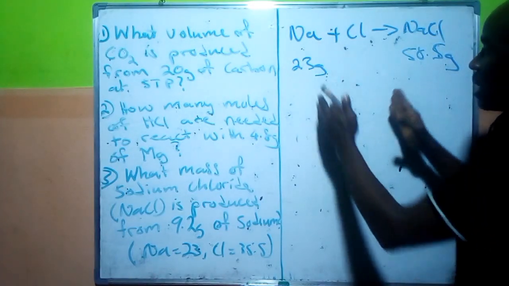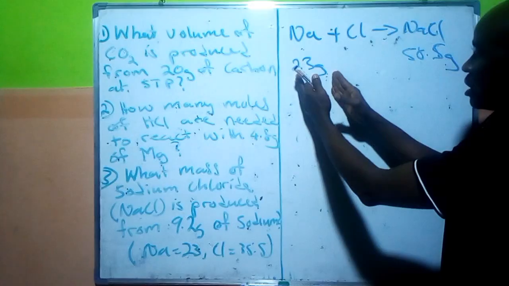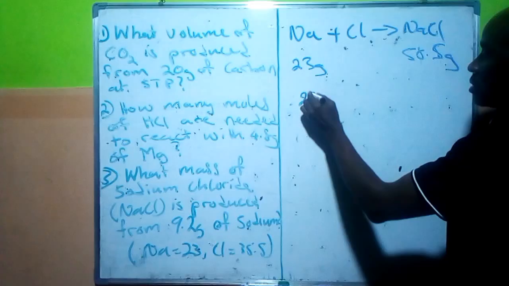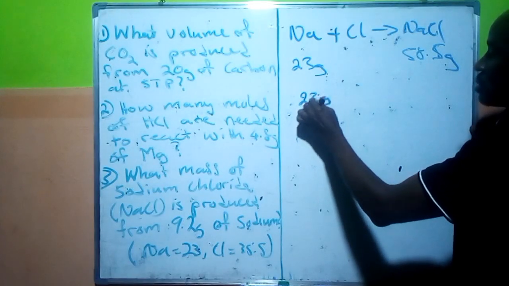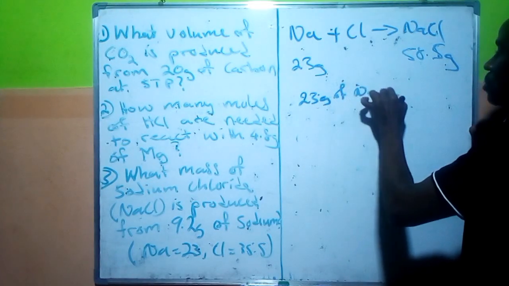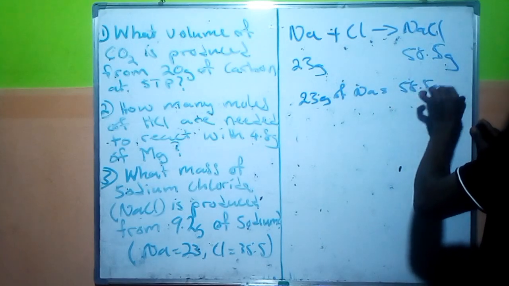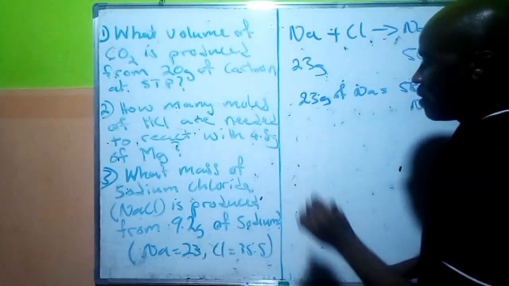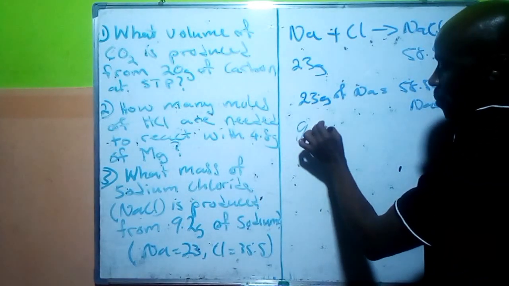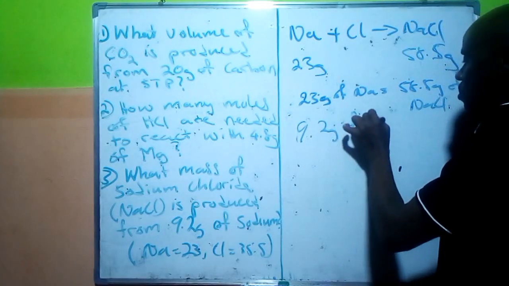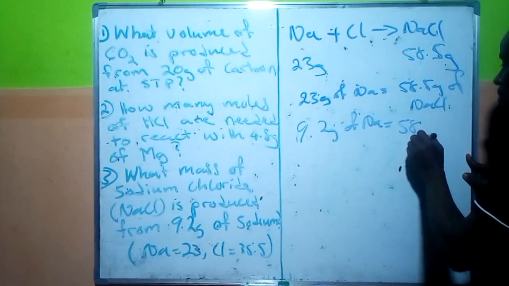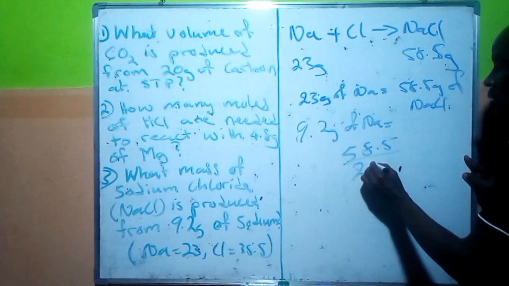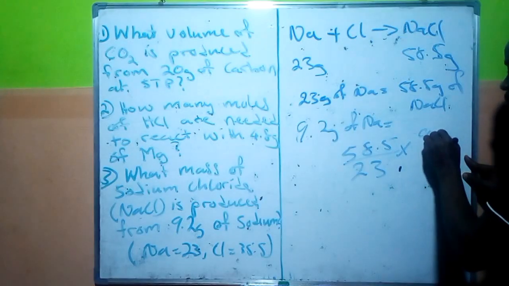What we have from this balanced chemical equation is that 23 will give us 58.5. Now this said 23 grams of what? Sodium will give us 58.5 grams of what? Sodium chloride. Now we'll go to what we have. We're looking for 9.2 grams of sodium, which will then give us 58.5 over 23 times 9.2.